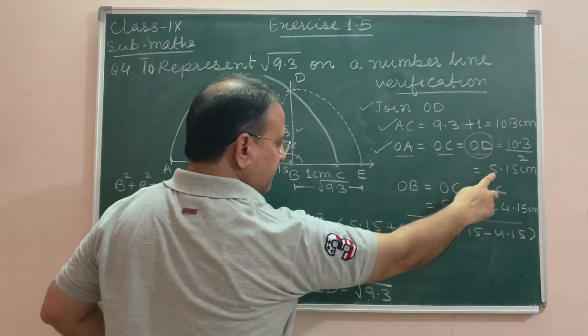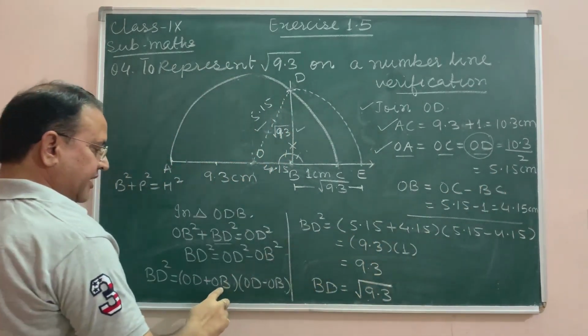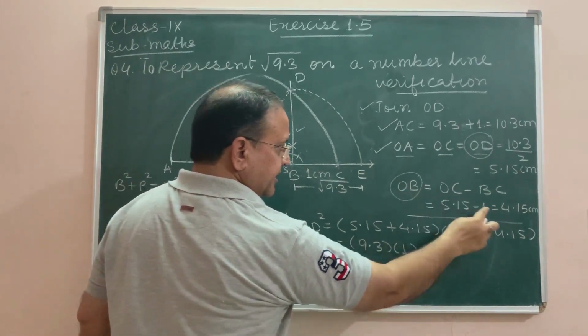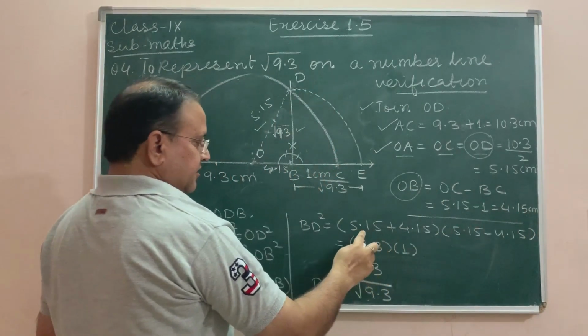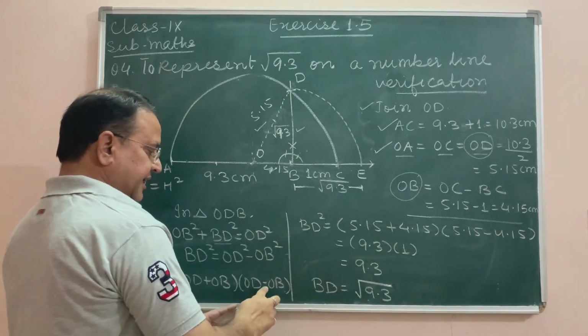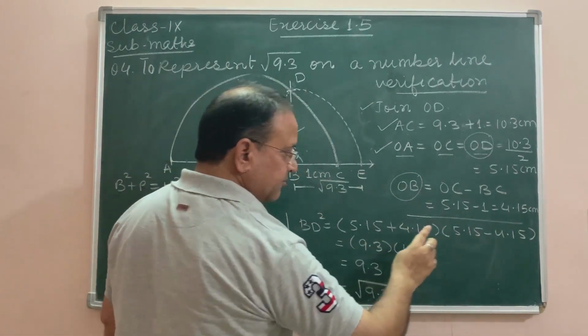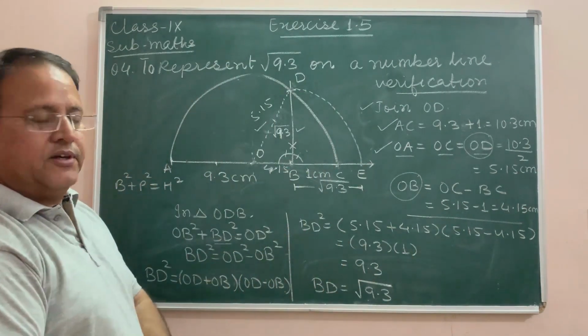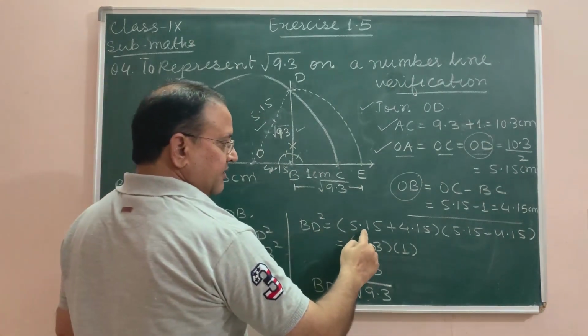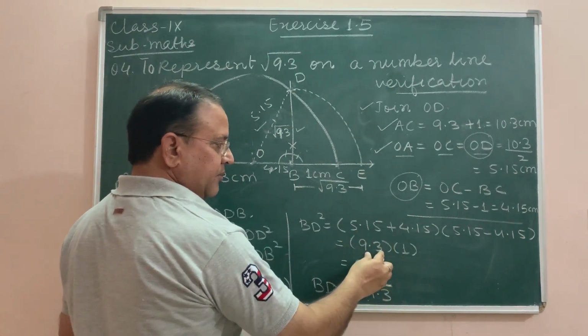Value of OD is 5.15. Value of OB is 4.15. In the first factor we put plus, in the second we put minus. Both the values we found earlier, OD and OB. When we add these two, we get 9.3.